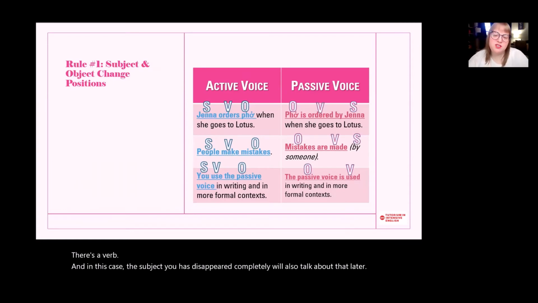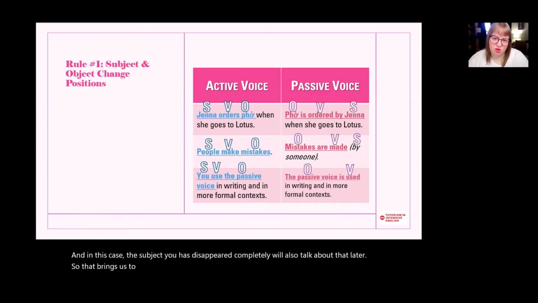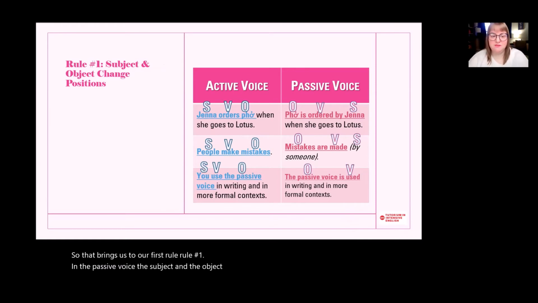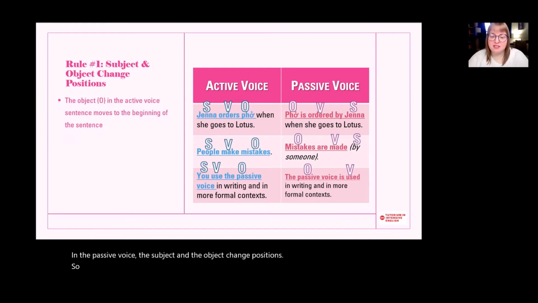So that brings us to our first rule. Rule number 1, in the passive voice, the subject and the object change positions. So the object in the active voice moves to the beginning of the sentence.